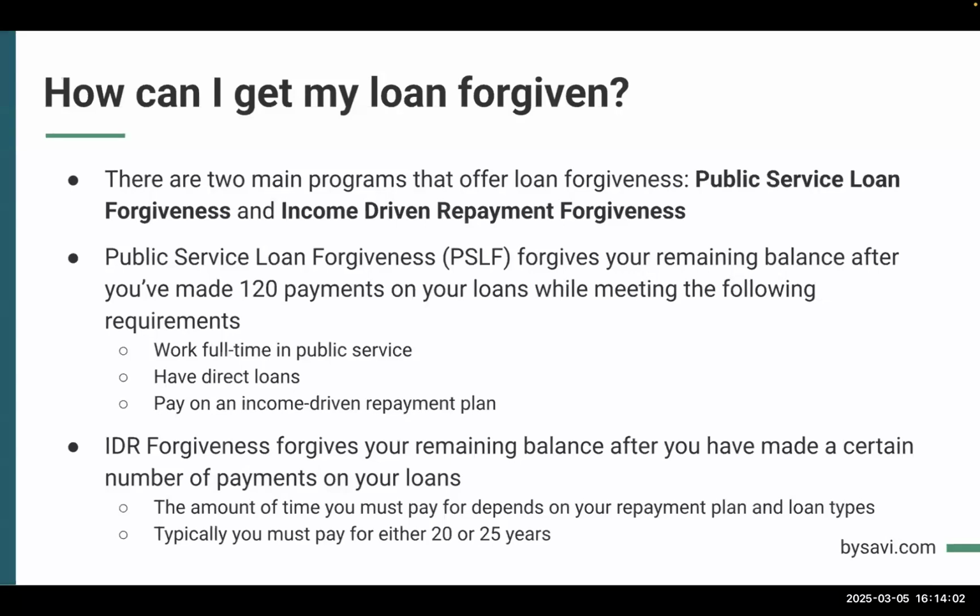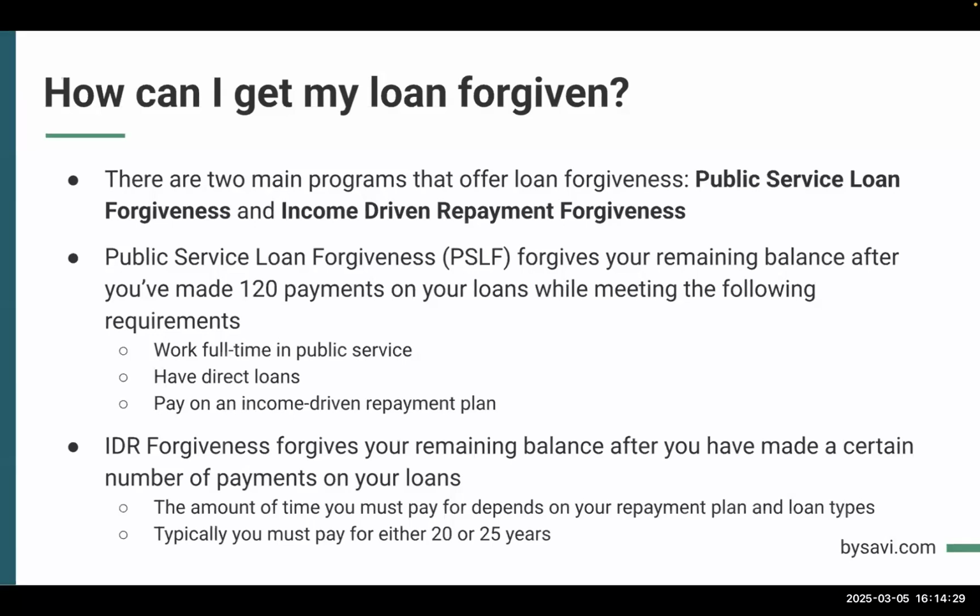With PSLF in general, you have to work in public service, you have to have direct loans, and you have to pay on an income-driven plan. To earn progress towards forgiveness and actually get the forgiveness, you'll need to make 120 payments on your loans that meet all 3 of these requirements. That means that every payment must be made while working in public service, while having direct loans, and while paying on an income-driven plan.